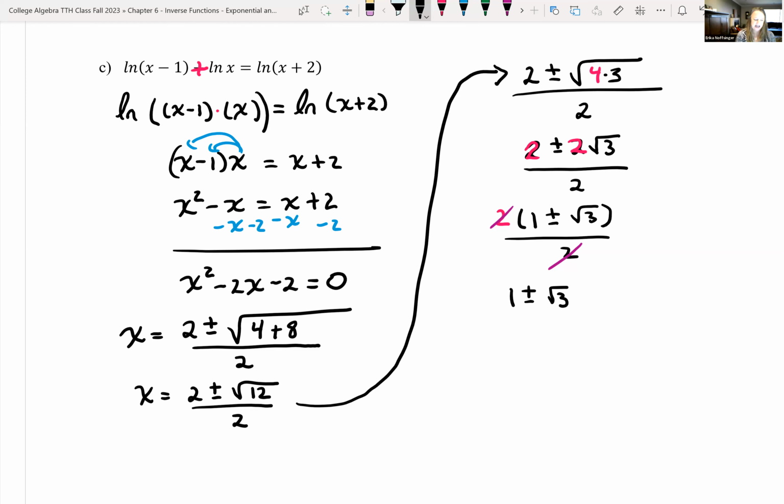So if I have 1 minus root 3, that's going to be a negative number. A negative number up here, a negative number minus 1 is negative. So I know x equals 1 minus root 3 is going to give me a log of a negative number.